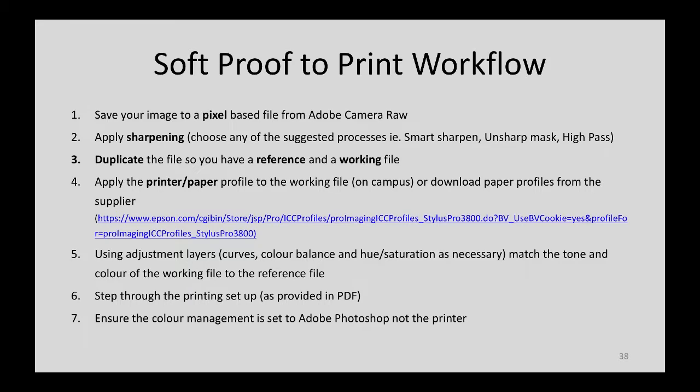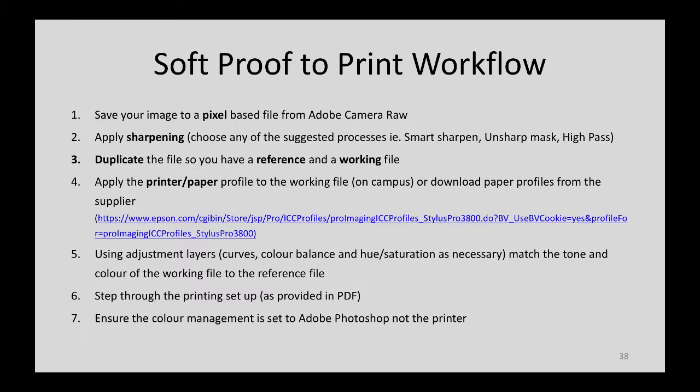So as an overview of your soft-proofed print workflow, save your image to a pixel-based file from Adobe Camera Raw, apply sharpening, so from any of the suggested processes, duplicate the file so you have a reference and a working file. Apply the printer paper profile to the working file on campus, or if you're working as an external student, you'll need to download a paper profile from the supplier, and I've given you the Epson link there, and so you'll have to use this paper profile to soft-proof your image.